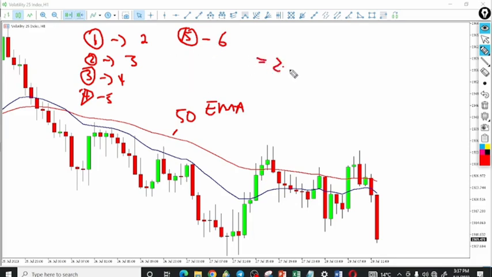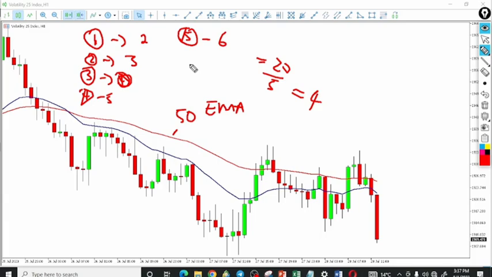So we get 20, and then we divide this by 5, we will get 4 as our average of this period, these 5 candles, right? These closing prices. So the average closing price of it was 4, because we had closing down here at 3 and 2 and also 5 and 6, right?